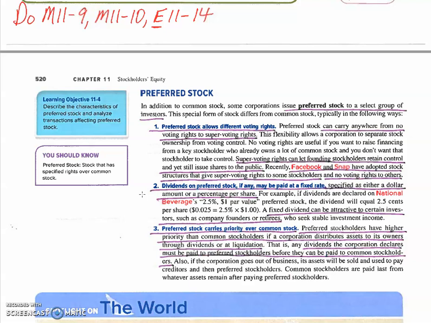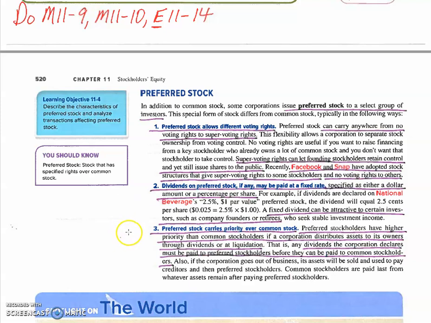So par value on preferred stock is often actually very important compared to common stock, where par value is usually pretty meaningless. So if it's stated as a percentage, then it's a percentage of the par value. So $100 preferred stock with a 3% dividend would pay 3% of $100 or $3 per year dividend.